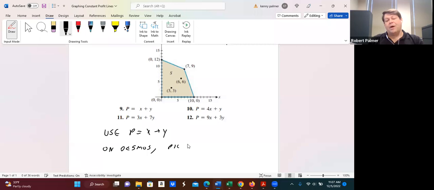I'm going to pick values for x and y. I'll pick values for P, and graph.